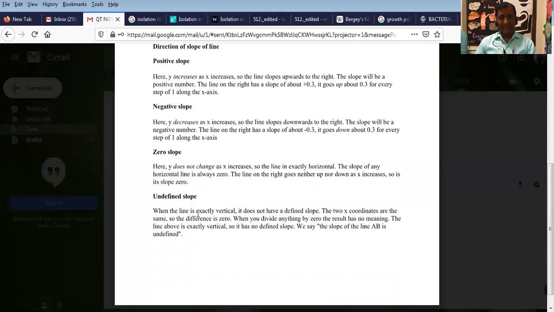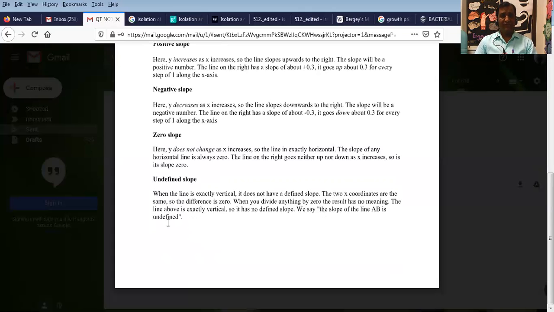So the line is exactly horizontal. The slope of any horizontal line is always zero. The line on the right goes along as x increases, so its slope is zero.